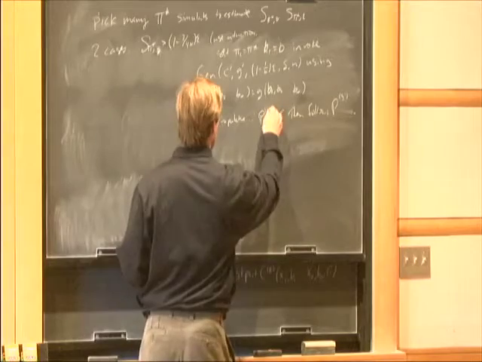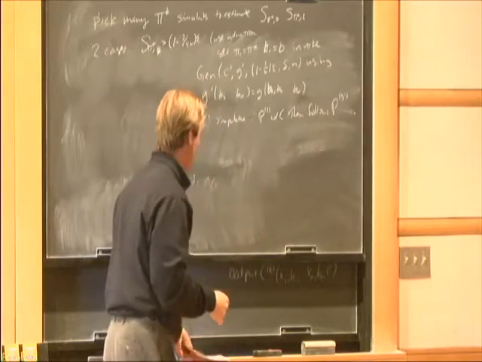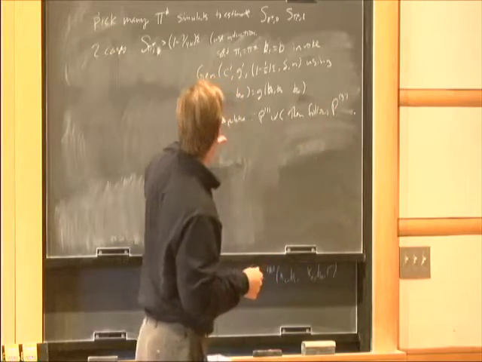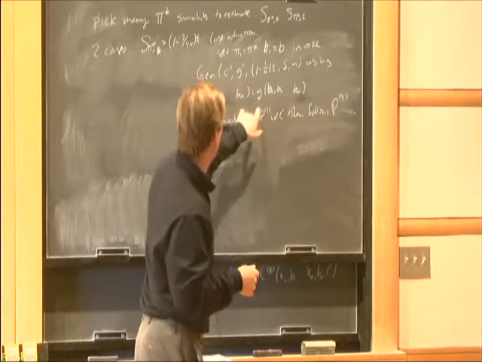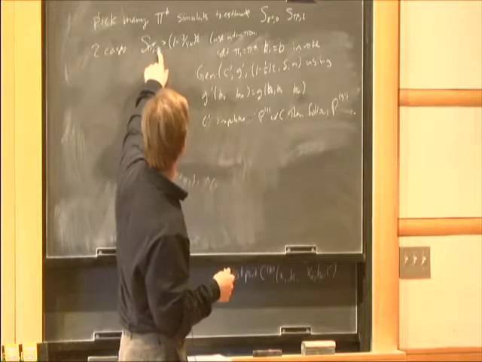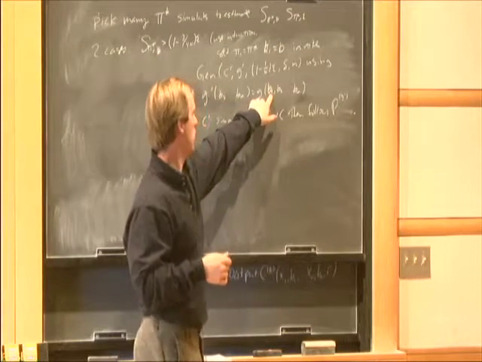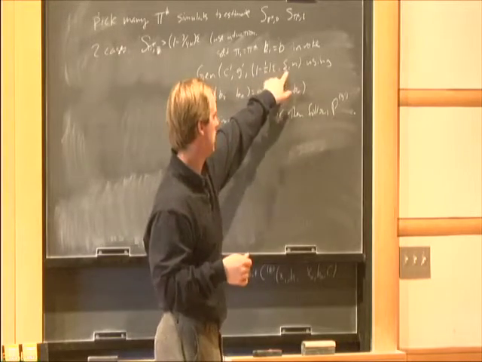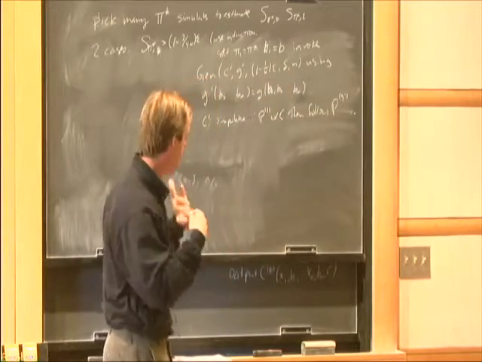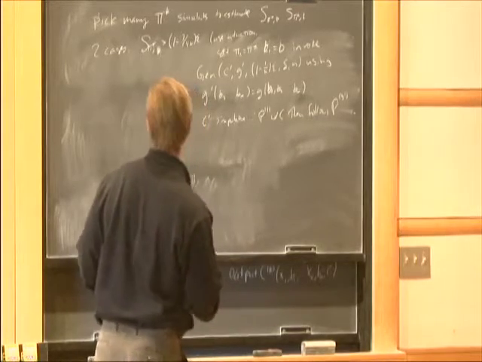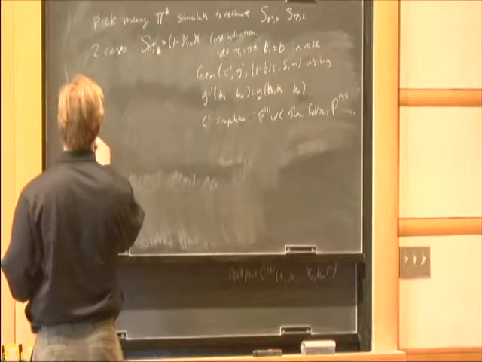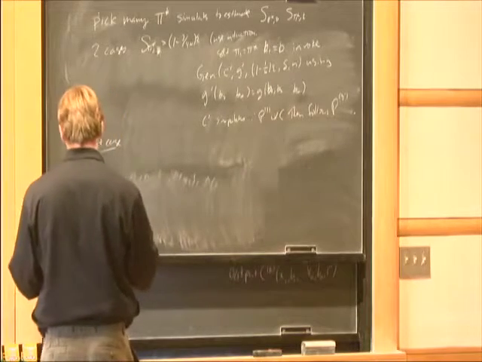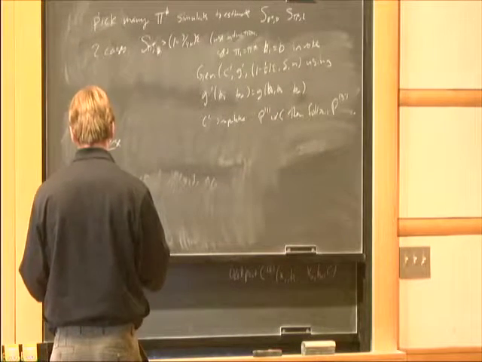P of G prime now has k less than 1, so we use the inductive hypothesis there. G is just what you think it should be. You plug in B, to where B1 was in the normal G, and you take G prime, and then your epsilon and your delta and your n all stay the same. So you just push the problem further on. Next case is the interesting one. Well, interesting one to analyze, I guess.